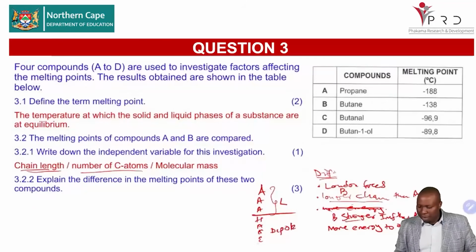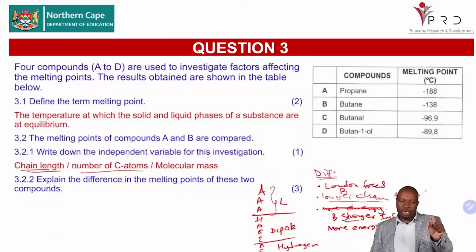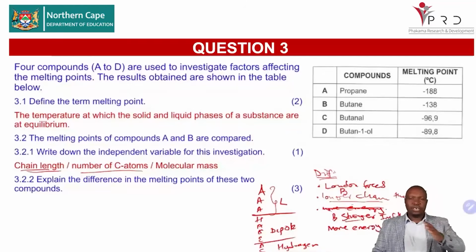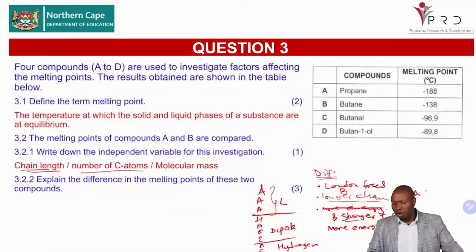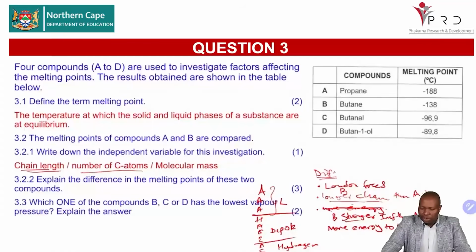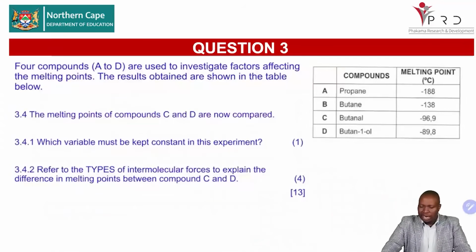And then your alcohols and carboxylic acids have hydrogen bonds. Remember, alcohol has one side for hydrogen bonds, and carboxylic acid has two sides. So carboxylic acids are the strongest of all the intermolecular forces. I hope that will help you as you go on in answering questions.